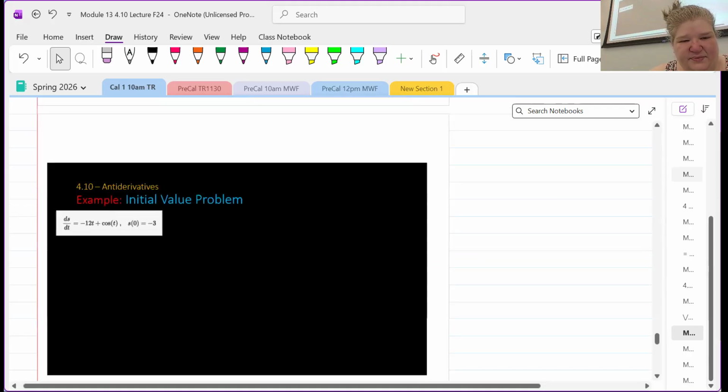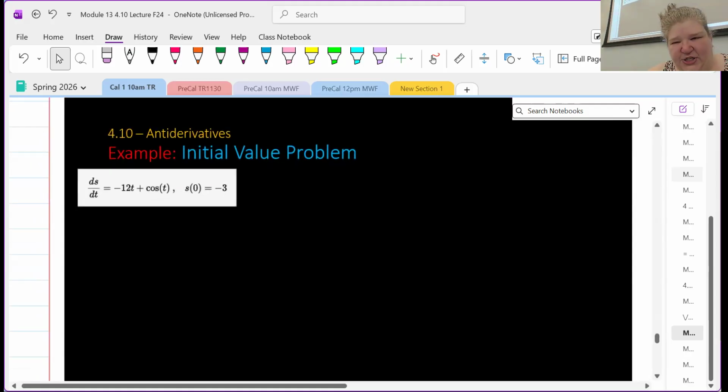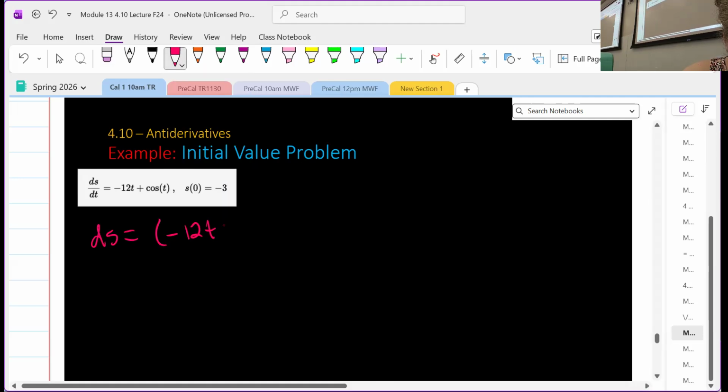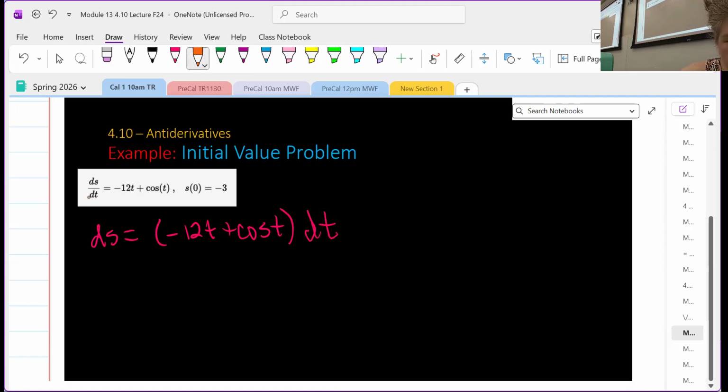All right. So now that we did that, we're going to kick it up a notch. So we've got a function ds dt equals negative 12t plus cosine t. So I'm just multiplying by the dt and then writing in my integral symbol on both sides.